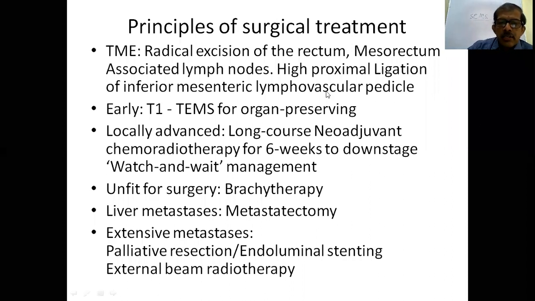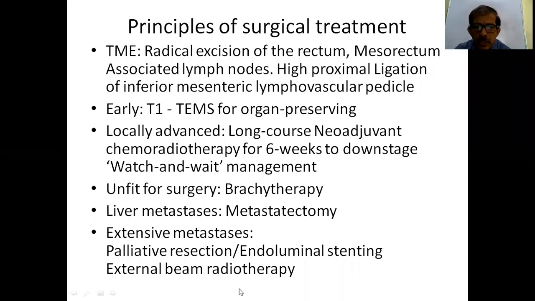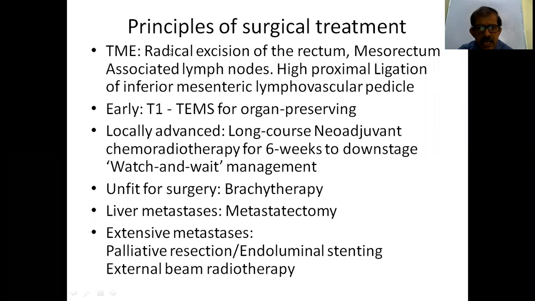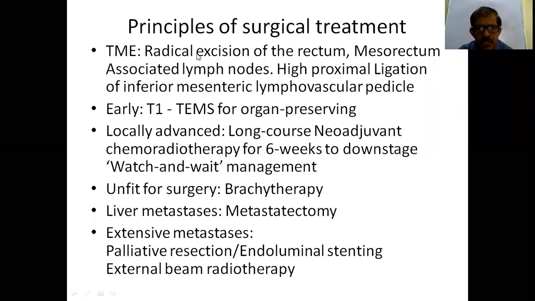So SEMS are the ones which we can use as endoluminal stenting, and you can even give teleradiotherapy, that is external beam radiotherapy by LINAC. So all modalities of treatment are there in this slide. Local resection is for T2 stage, that is TME, total mesorectal excision.